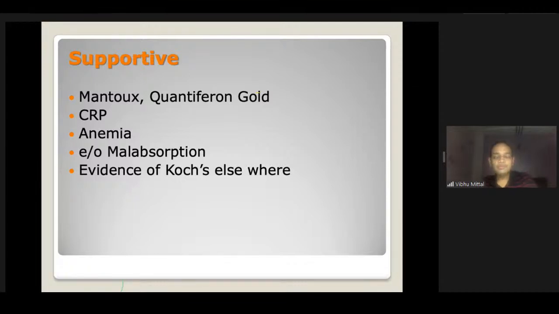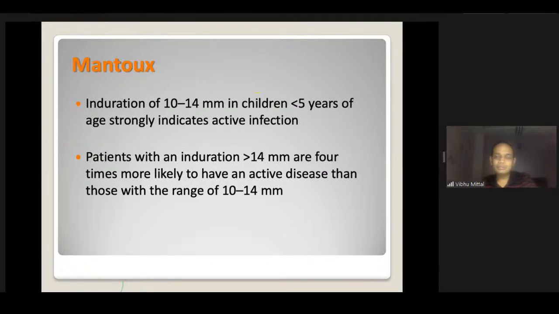We should always be looking for evidence of TB elsewhere, even clinically or on investigations. And I'll have a slide on Mantoux. So again, it is something which is very common. It only talks about latent tuberculosis.